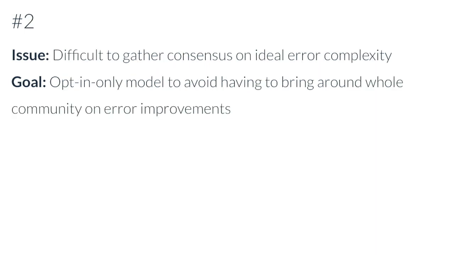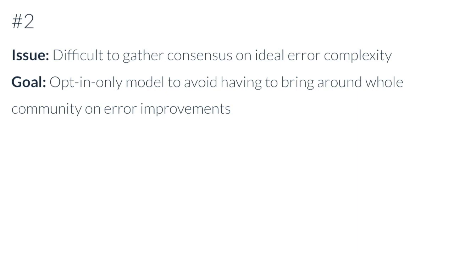Next, you have an issue, which is that it's going to be difficult to gather consensus on ideal error complexity. You've got a very large community of people who are consuming error messages. Some people are going to want very, very fully detailed explanations of what is the error that they're encountering. An int is not a string, and a string is not an int.